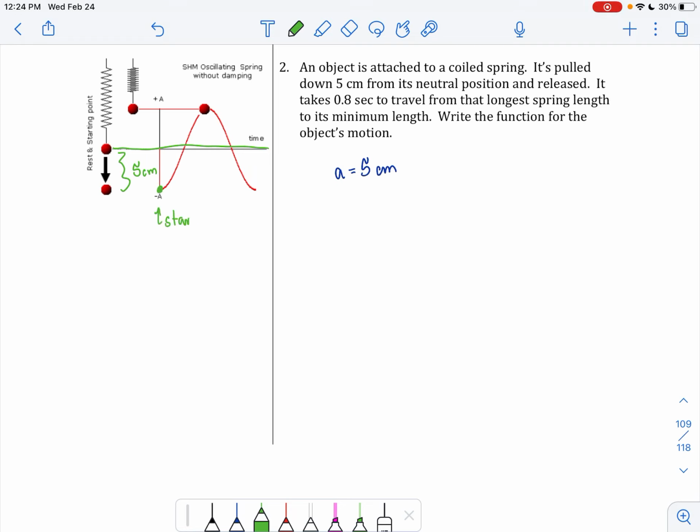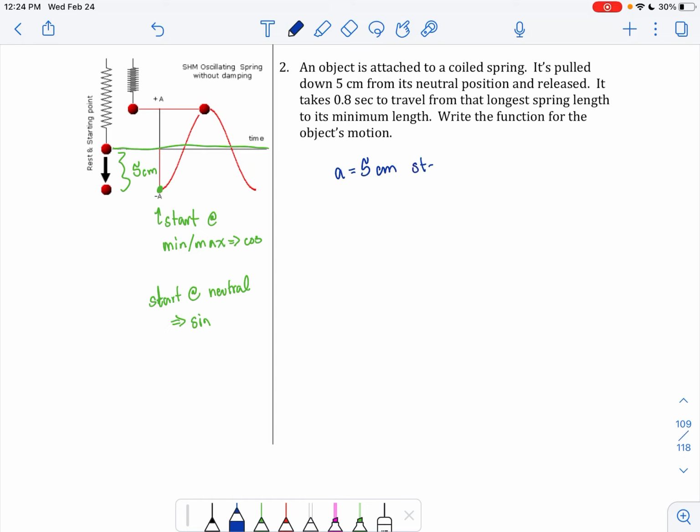If you start at a minimum or a maximum, you're going to use cosine. Alternatively, if you start at neutral, you're going to use sine, because sine starts here and cosine starts at a minimum or a maximum.